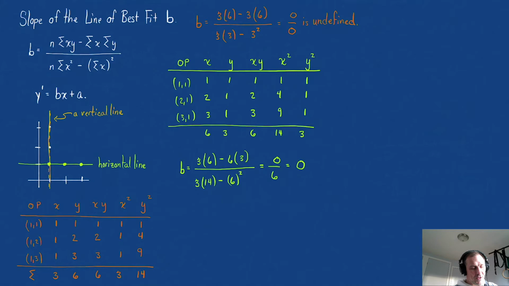So here, what this means is b, which is the slope, if we summarize this, the answer is this: the slope of a vertical line is undefined. That's your answer.